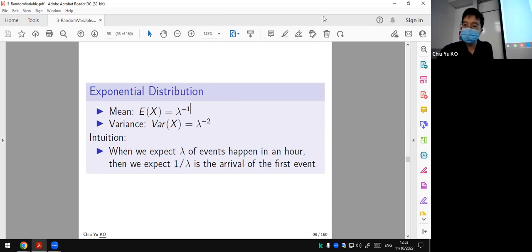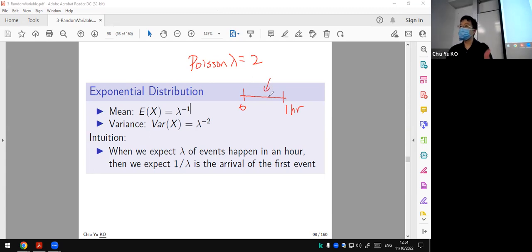Consider the case where you have a Poisson with mean 2, okay? It means that in 1 hour you expect on average 2 events to come out, so lambda is 2. You don't know when, but in an hour you have 2 events happen.